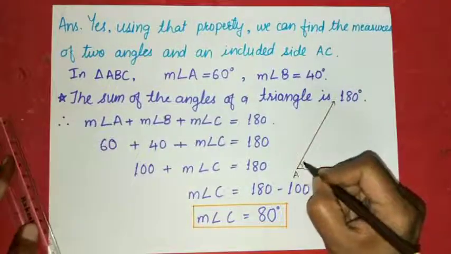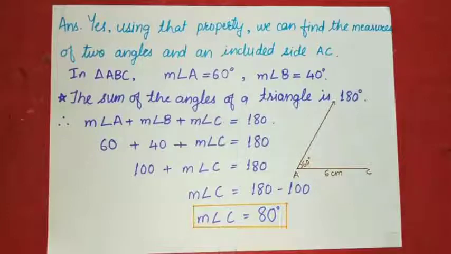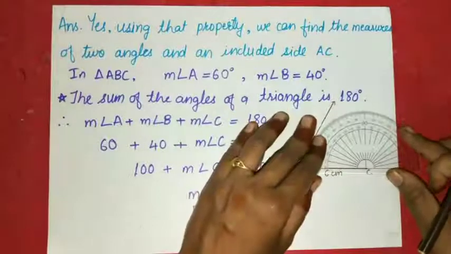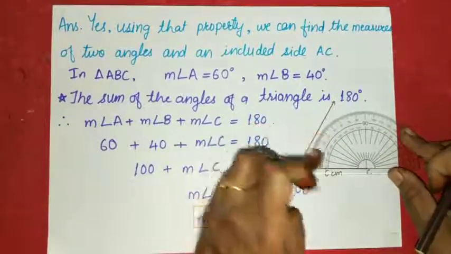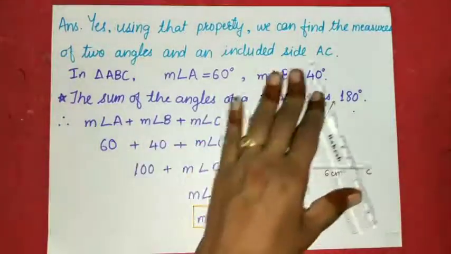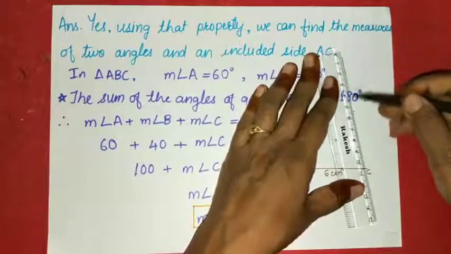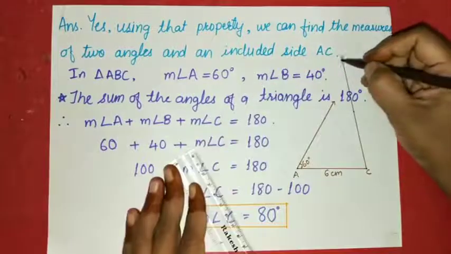Now this is the angle of 60 degrees. Now measure of angle C is 80 degrees. So again using a protractor, we will draw an angle of 80 degrees. Put a dot and mark it here like this. Give the arrow.